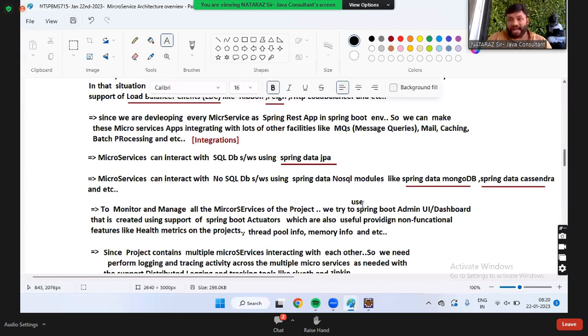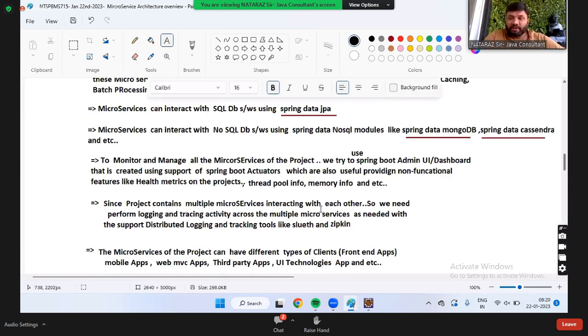Actuators will give that facility, but to present them in a beautiful manner, we have the Spring Boot Admin UI.